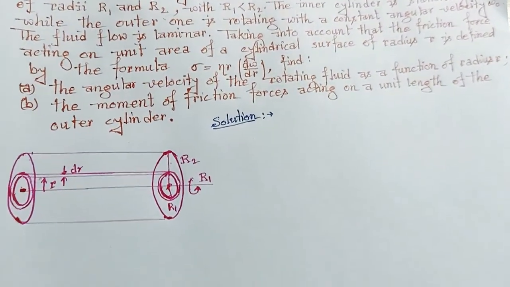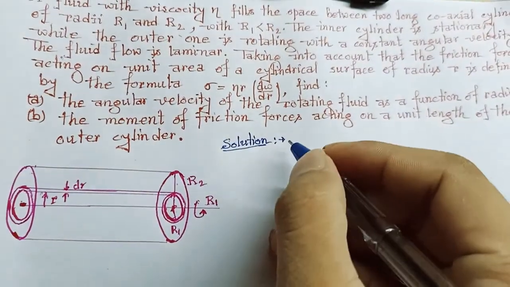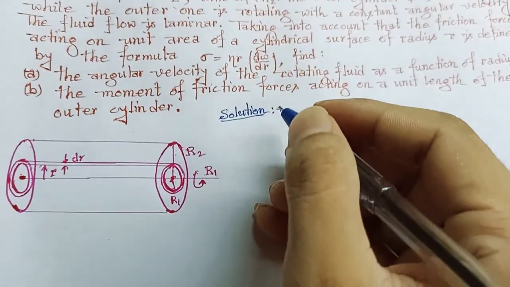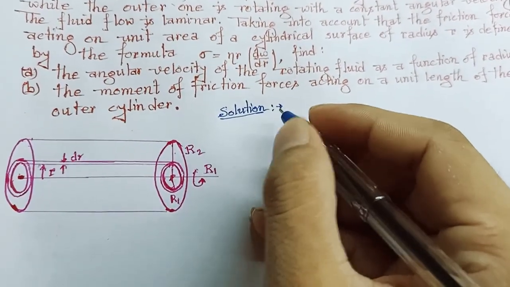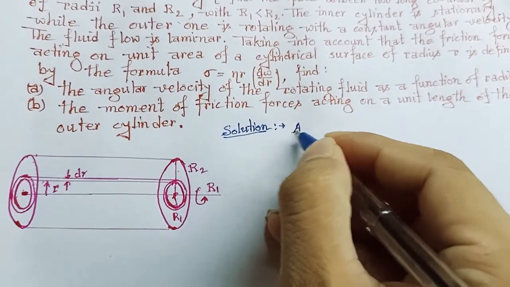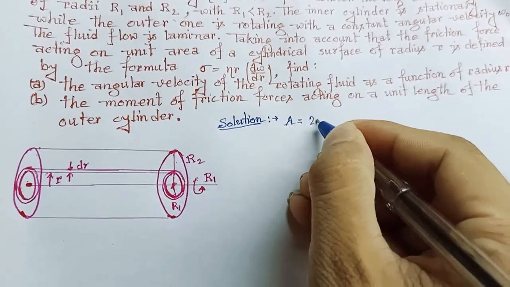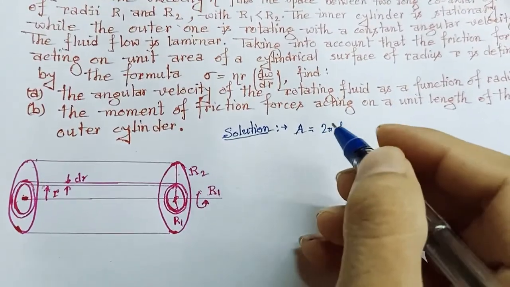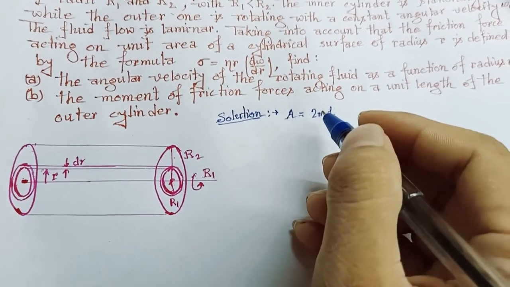So first, let's find the area of the curved surface of the cylinders. The area will be A equal to 2 pi RL, where R is the radius and L is the length of the cylinder.